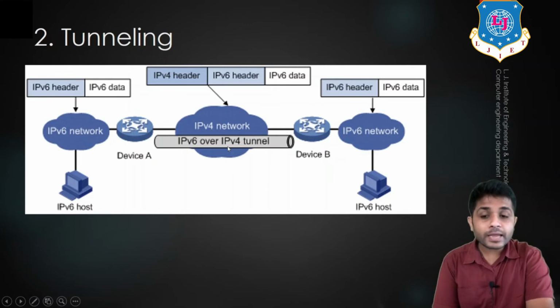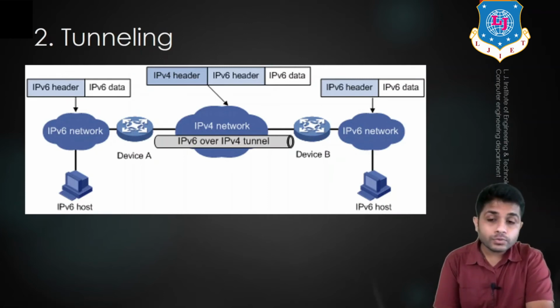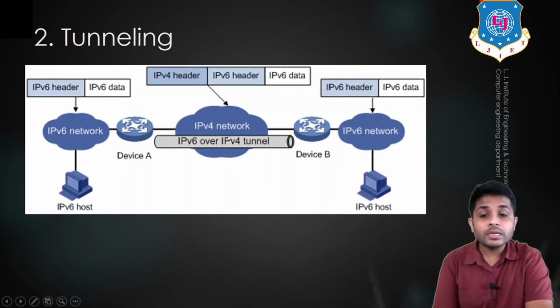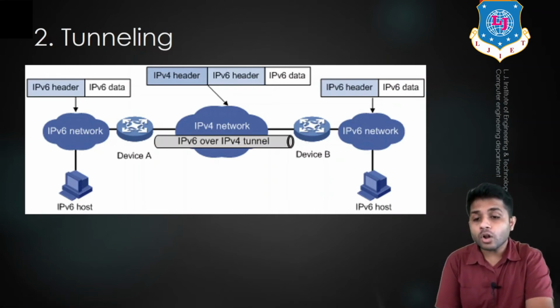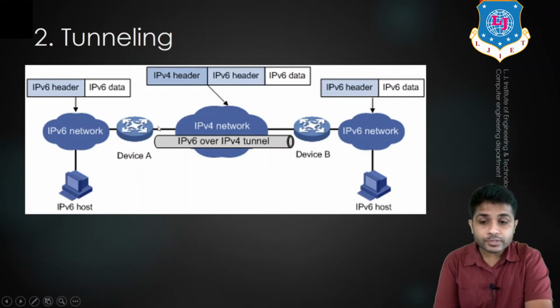And if that packet is traveling using the IPv4 network, there are routers which are using IPv4. Because it is an IPv4 network, all the routers, all the devices, all the links are using the IPv4 notation. So when they receive the IPv6 packet, they won't be able to understand it, right?